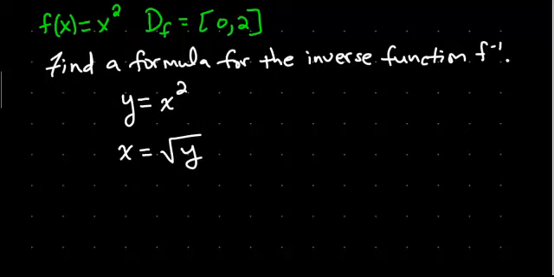Some of you might want to say it's plus or minus, but when we're talking about functions, we can't say plus or minus because that would give me two outputs. So we typically pick the positive value. So it's the positive square root of y. And so that gives me my inverse function, f inverse of y equals the square root of y.